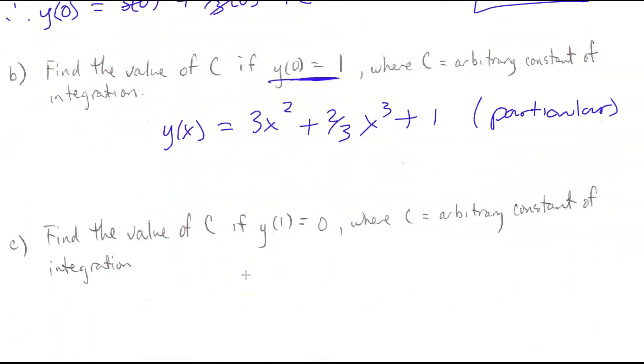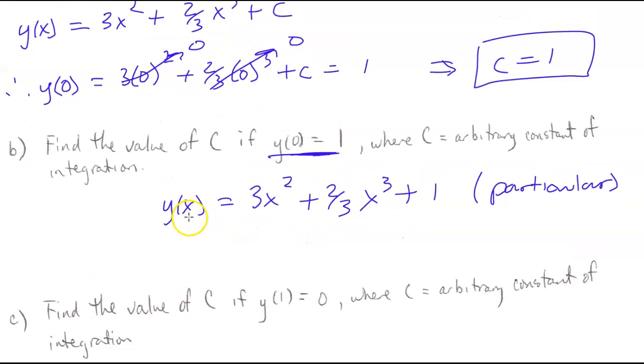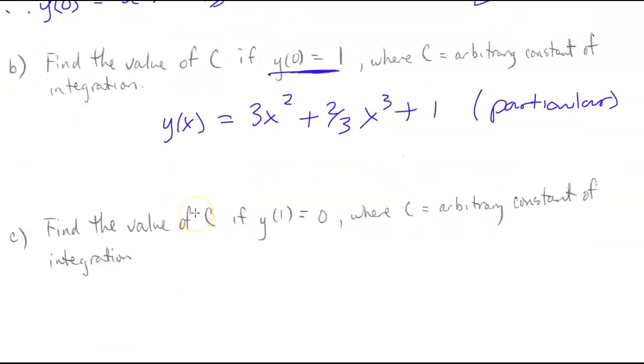All right, so now we want to do the same thing, but we want to do it by letting x be 1 and y be 0. So same exact thing we did up here, but we're going to let x be 1, let y be 0. So in this case, we see that y of 1 is equal to 0.